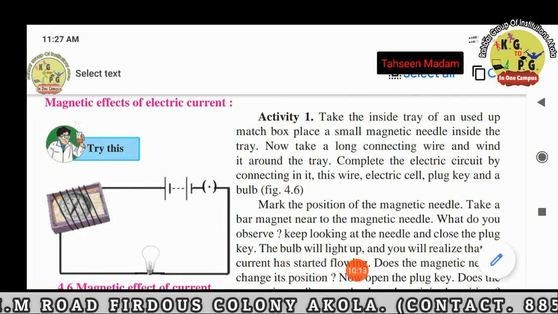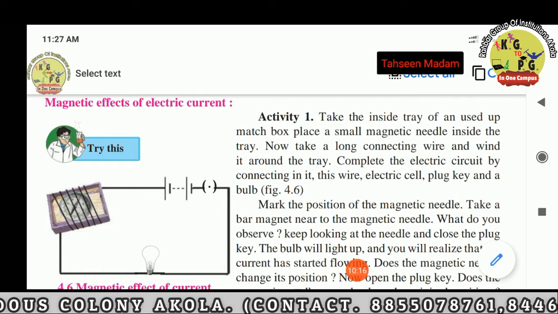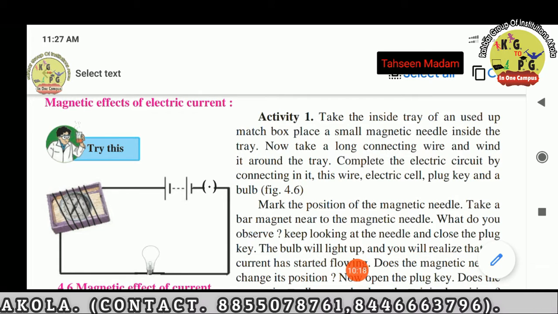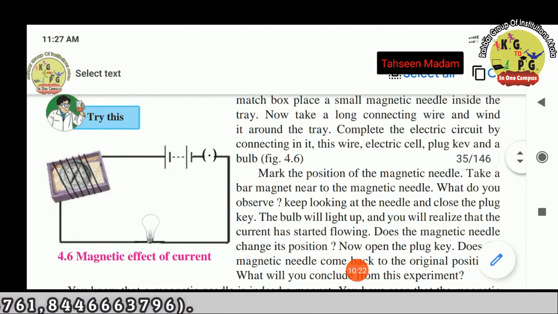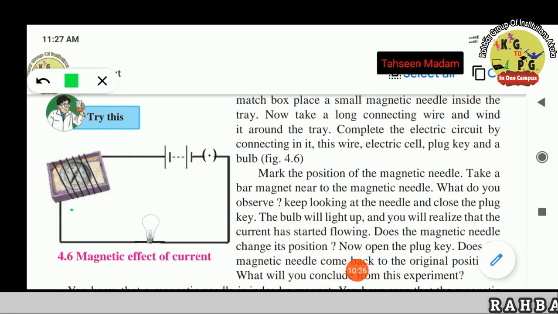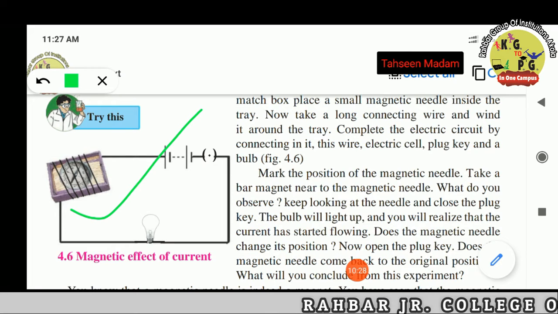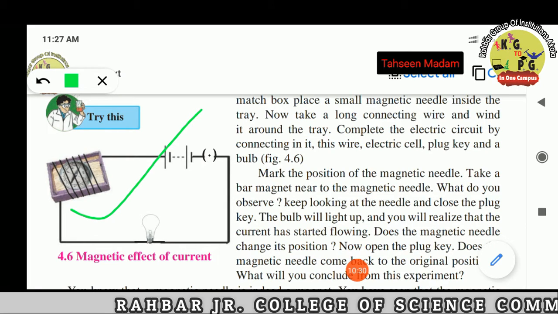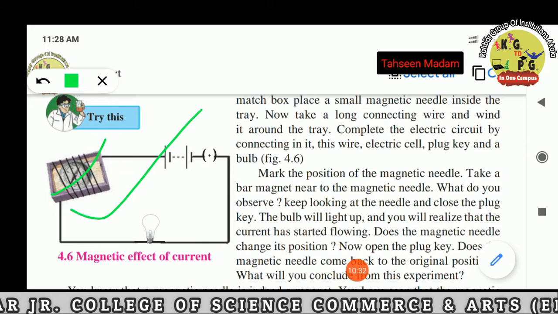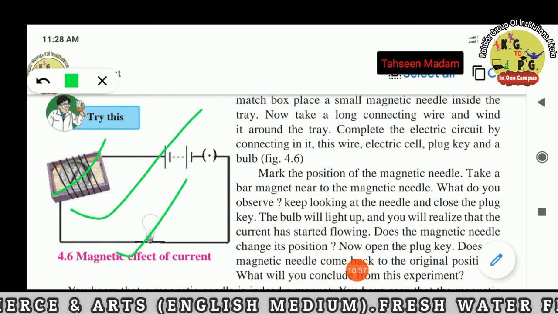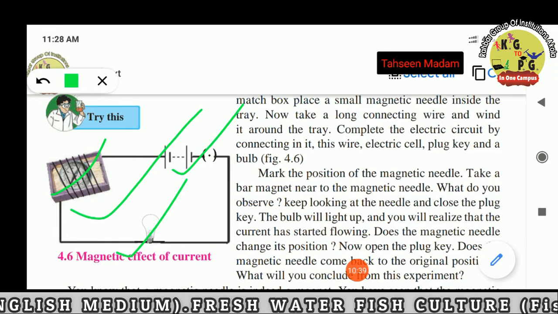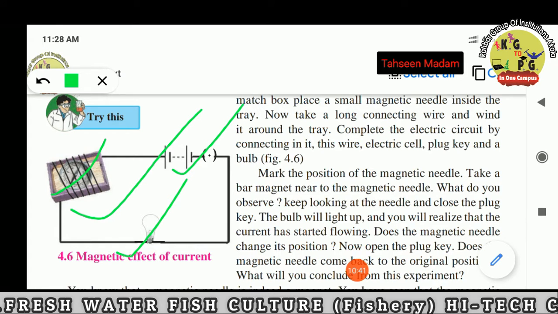Complete the electric circuit by connecting in it this wire, electric cell, plug key and bulb like figure 4.6. Here is a connection of a matchbox and there is a magnetic needle inside the matchbox and one bulb is connected and the wires are joined with it. Magnetic effect of current.